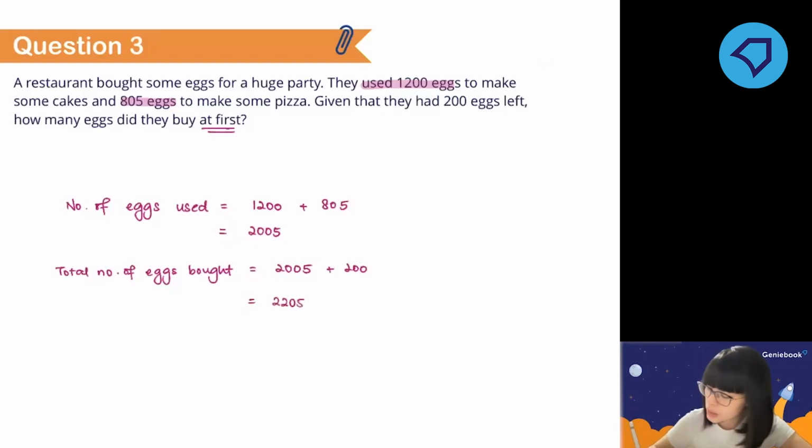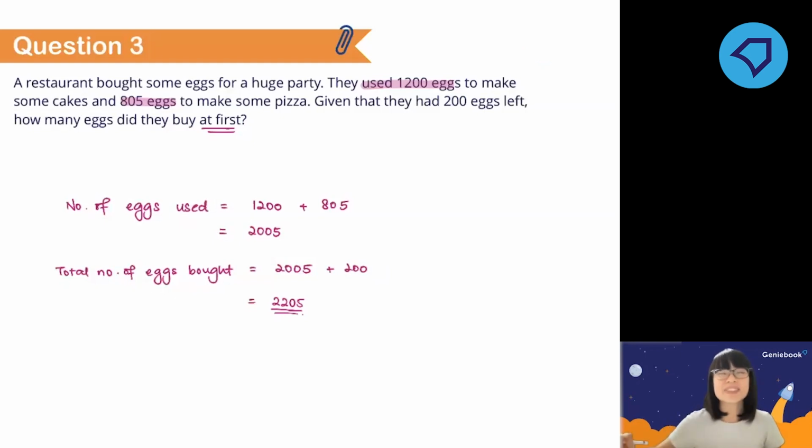For those of you who take 200 plus 805, and then you plus the 1,200, the step is correct, but you have to make sure if you were to write your partial sentence, you should write it correctly as well, okay? All right, so in this case, it's easier to split with the number of eggs used and then the total number of eggs bought, which is the used plus the left. Okay, well done to those who got it correct.